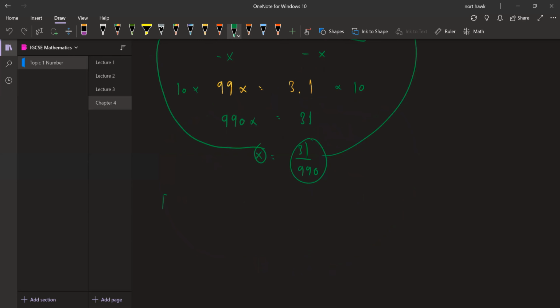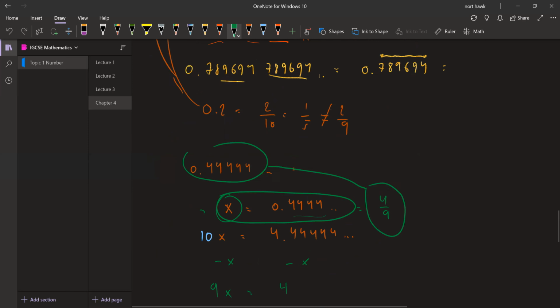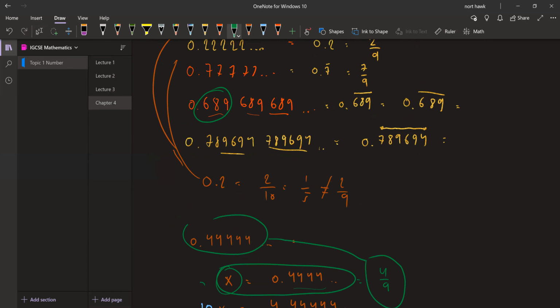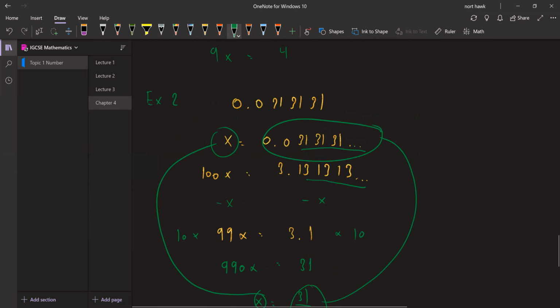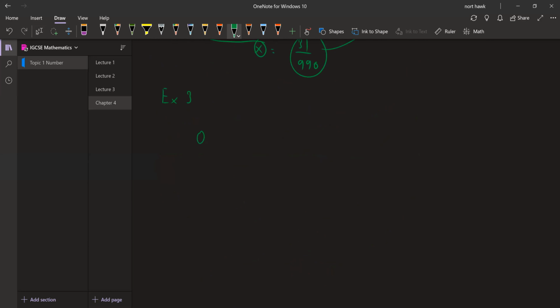Go with example 3. Now with 3 repeating numbers, 0.689 repeating. So 0.689689, right?